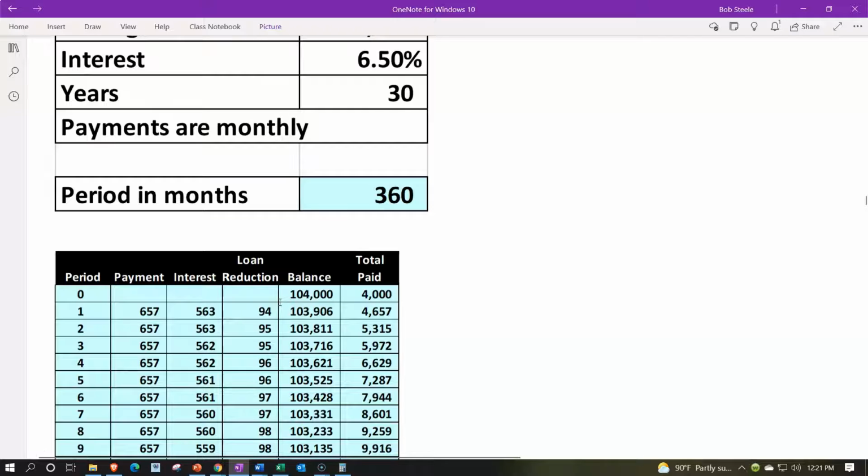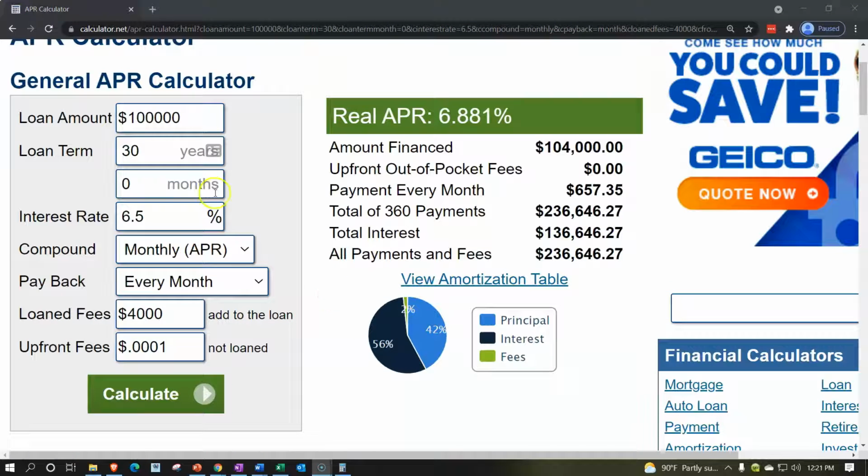Again, it's fairly easy to do this if you put it into Excel, and we do have that in our practice problem. You can also use a financial calculator here. If you just search the internet, there are multiple financial calculators. I'm not advertising this one or anything. Enter a 100,000 loan, 30 years, 6.5% APR with monthly compounding, and 4,000 in costs added to the loan.